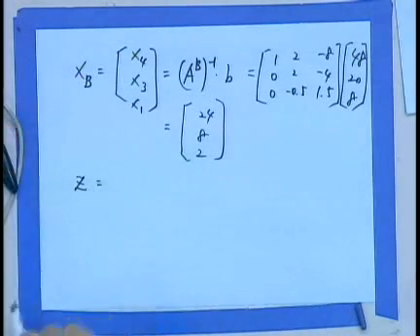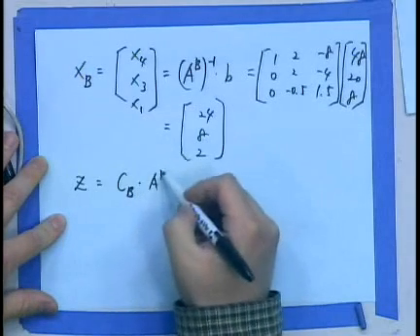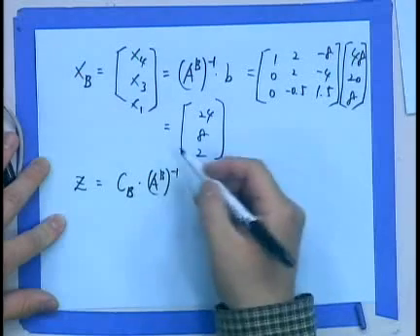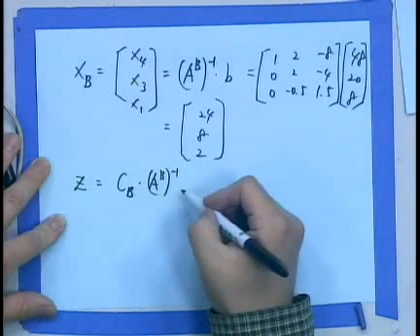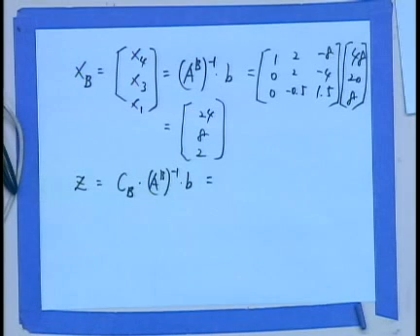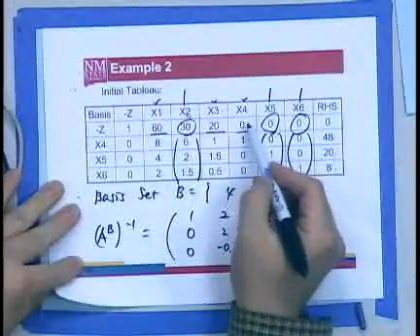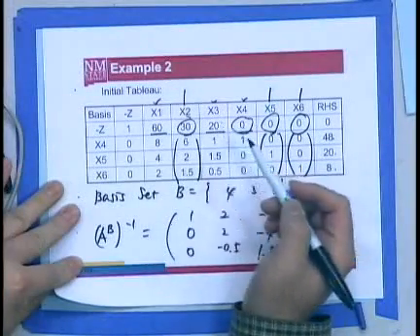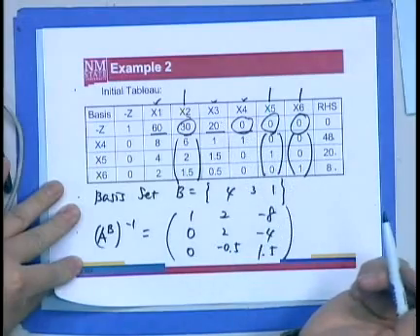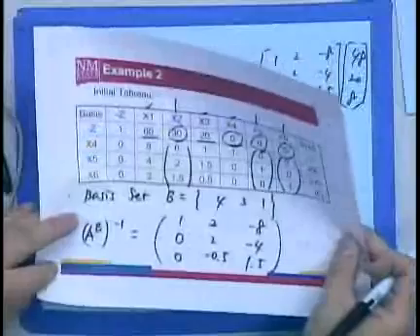And the corresponding objective function value z can be obtained by CB, AB inverse, and b. Okay? The CB is again 0. What is that? That's 0, 10, 10.